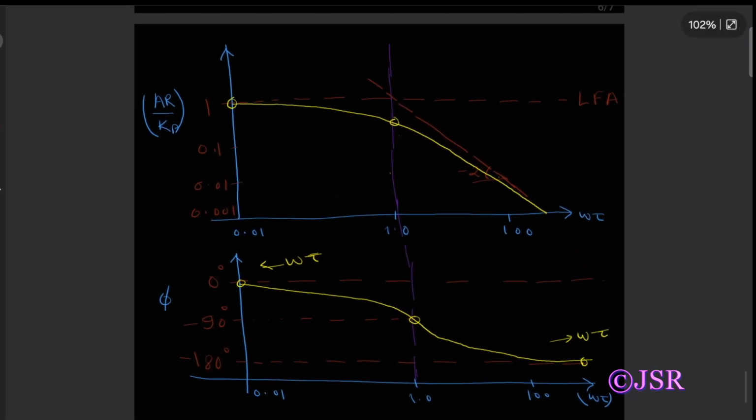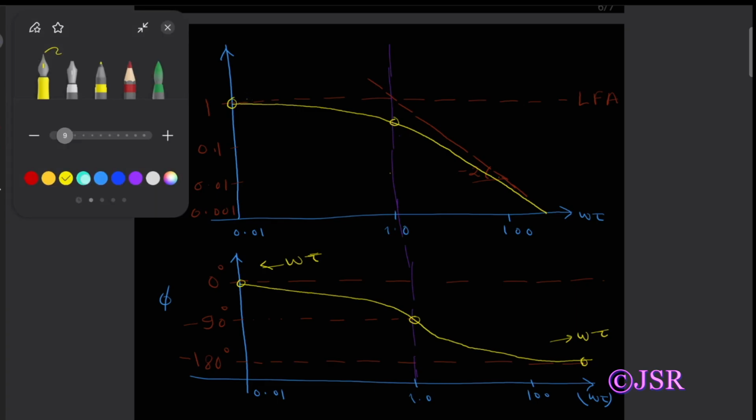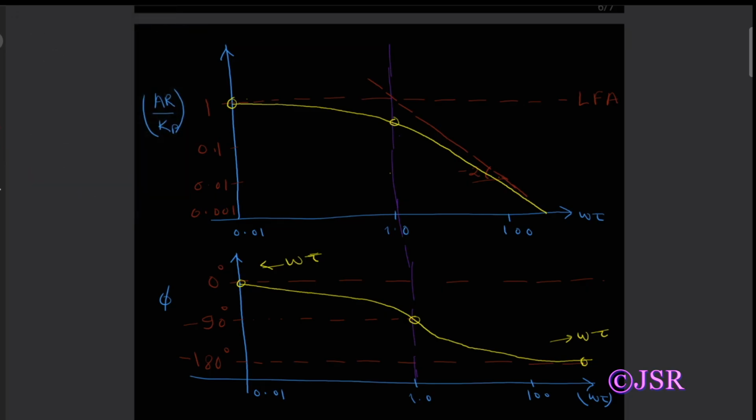So in that case, the only modification we will have is the frequency response like this.